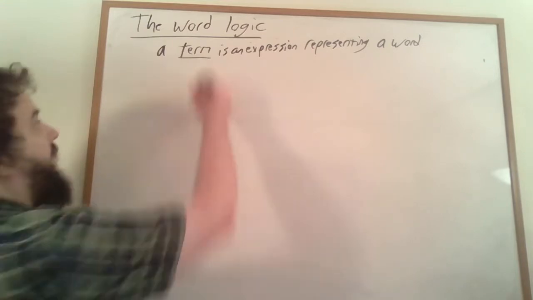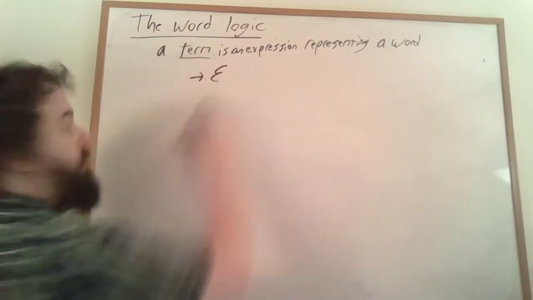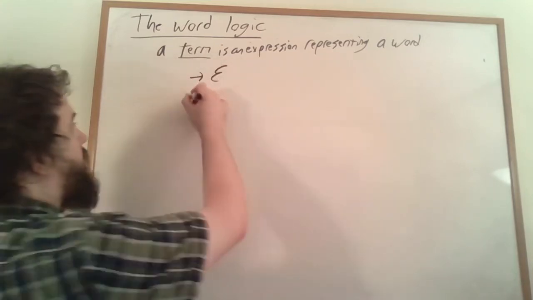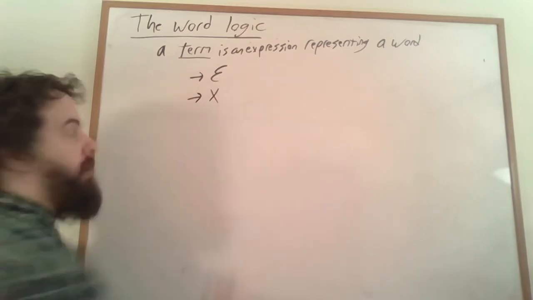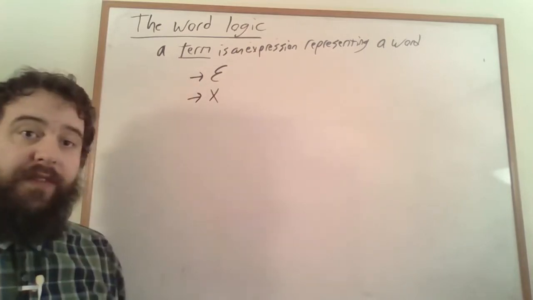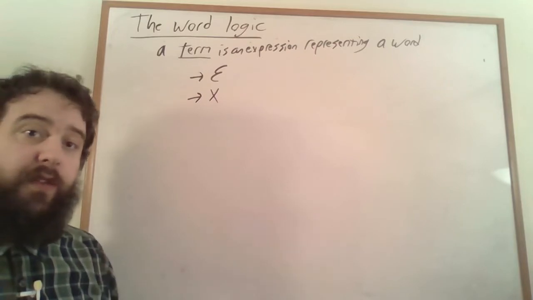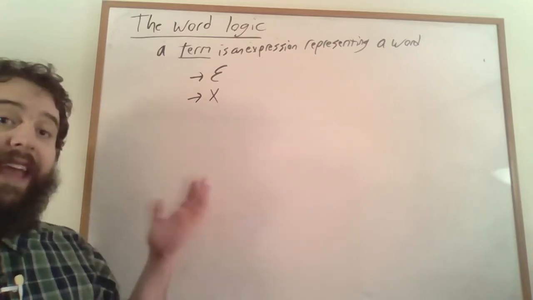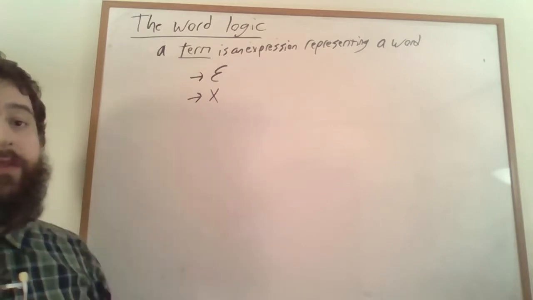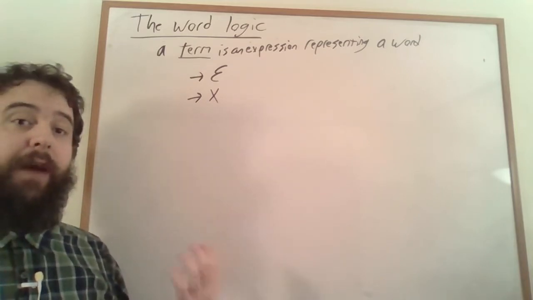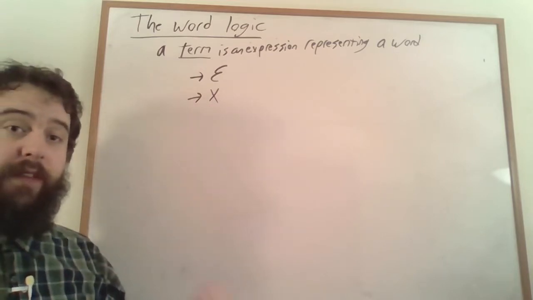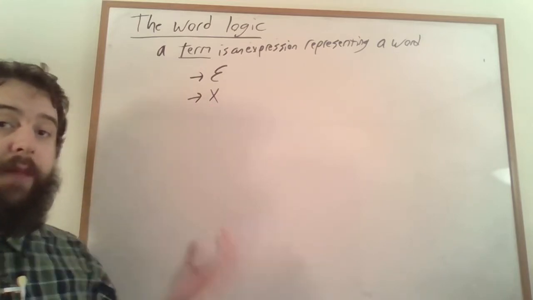So this can either be the constant symbol epsilon representing the empty word, or it could be a variable. We're going to restrict variables to exclusively represent words when we're talking about this logic. So we can't, for instance, talk about numbers, and we can't talk about sets of words. We're only allowed to have our variables represent words for the time being.